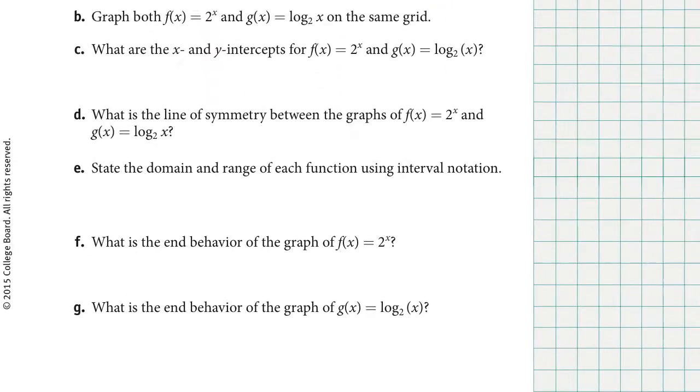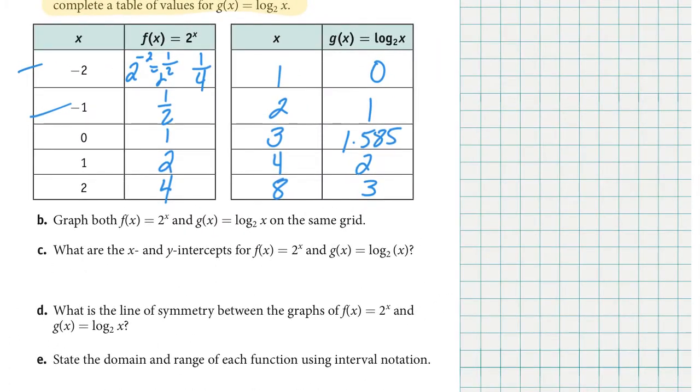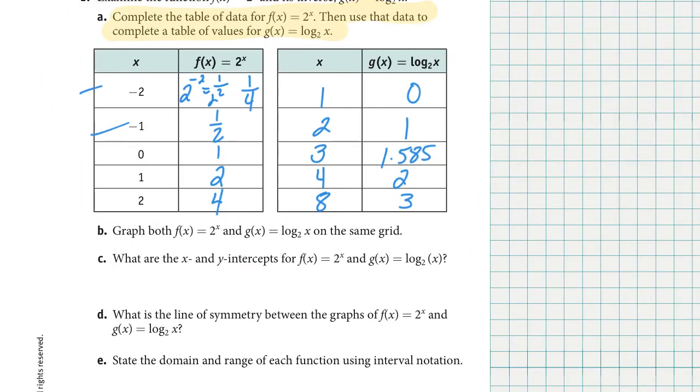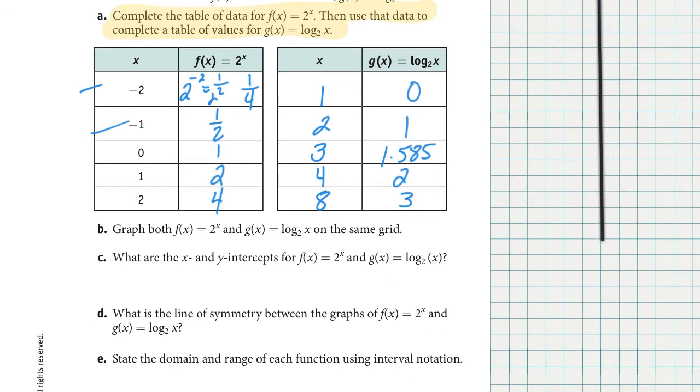Now, if you have your Desmos, you can take a look at these, but what we're going to look at is over here on the left side and graph the two on this little section we have over here. So I'm going to pull up and put a coordinate plane in my grid line here, and we will take a look at what these look like.